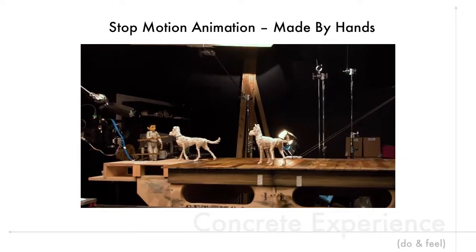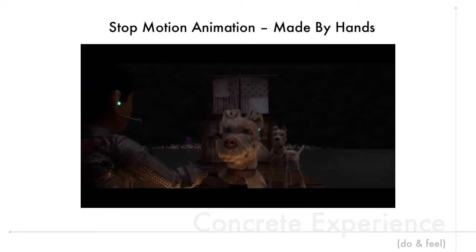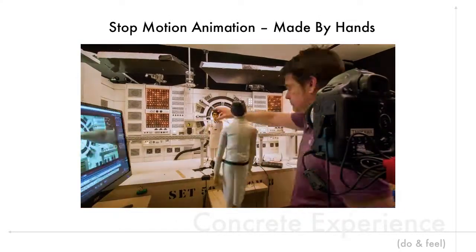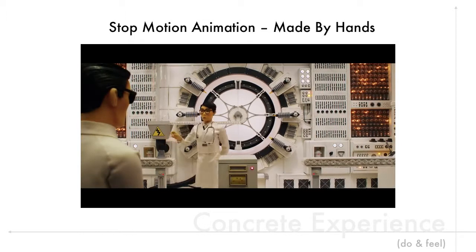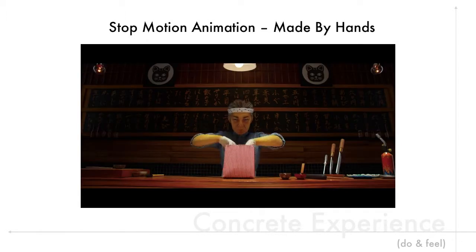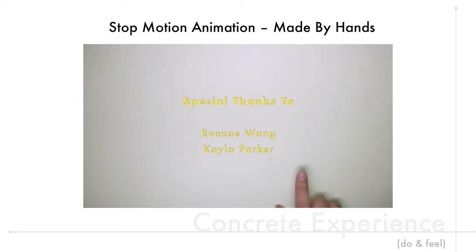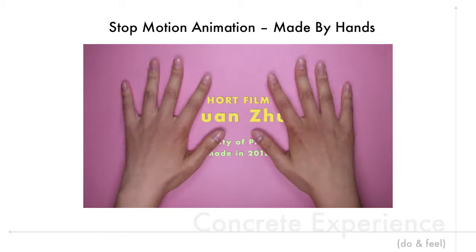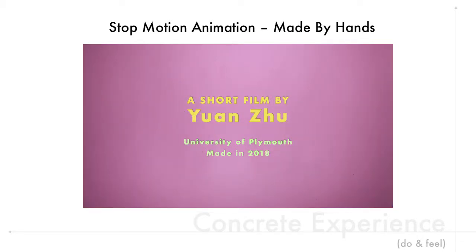In my opinion, the most fascinating part of stop-motion animation is that you can feel how meticulous the person behind the scene is, making the animation by hand. That is the reason why I use pixelation at the end of the film, just to emphasize the sense of ingenuity.